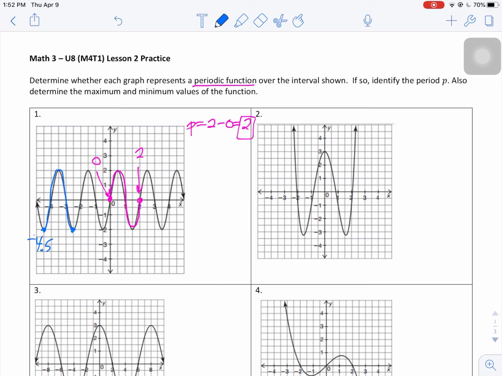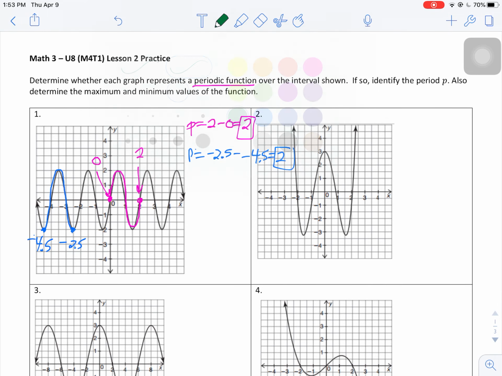And then this x value would be -2.5. So just to show you another option, if I did my large x value, -2.5, minus my smaller x value, -4.5, that would still get me the same period of 2. So that's how long it takes to do one full cycle.